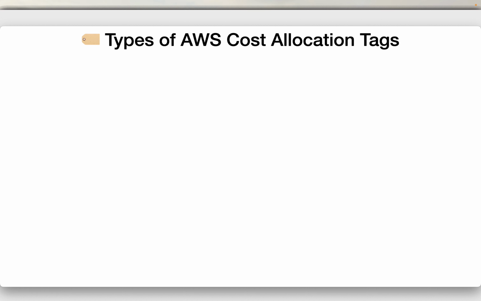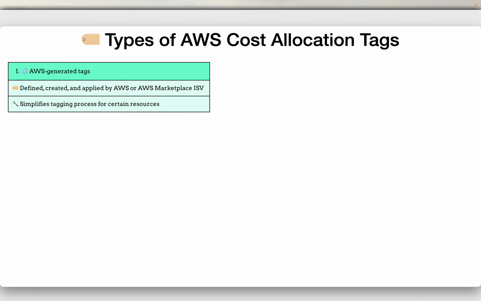So, the types of cost allocation tags. First is AWS generated, which is defined by AWS or AWS Marketplace ISVs. These are the entities which define, create and apply AWS generated tags for you, simplifying the tagging process for certain resources.